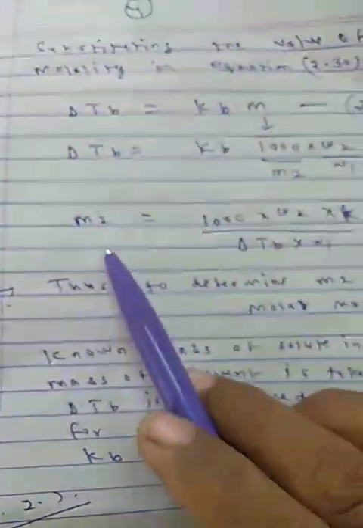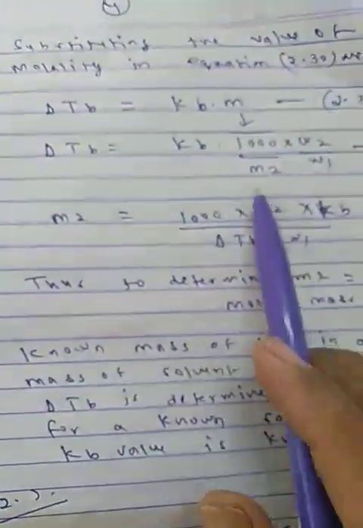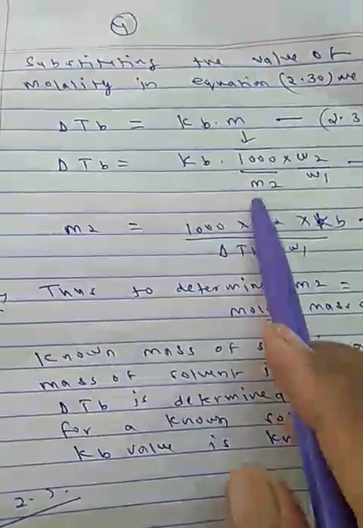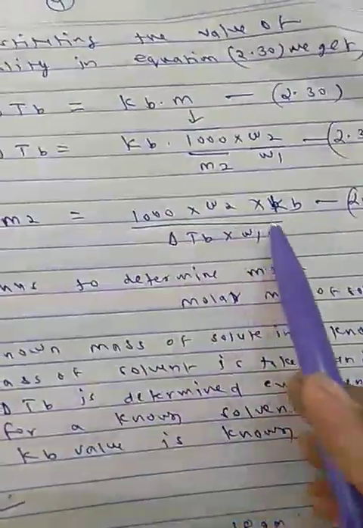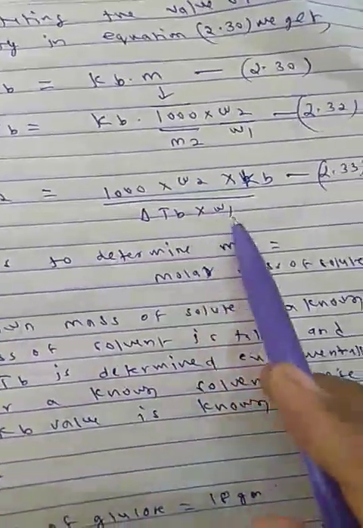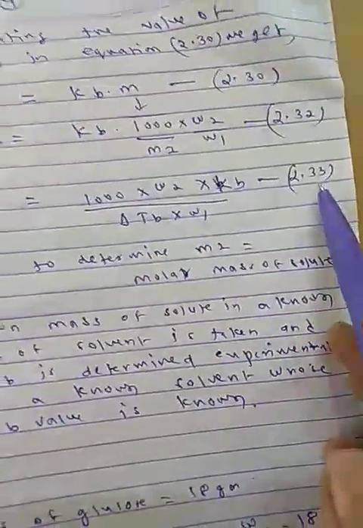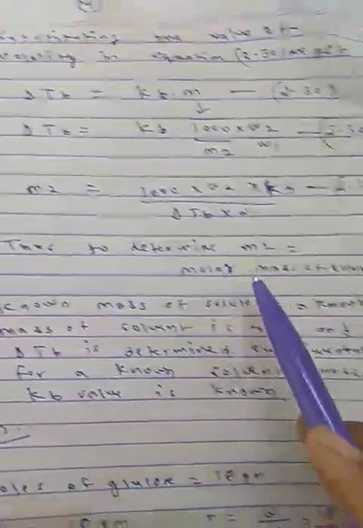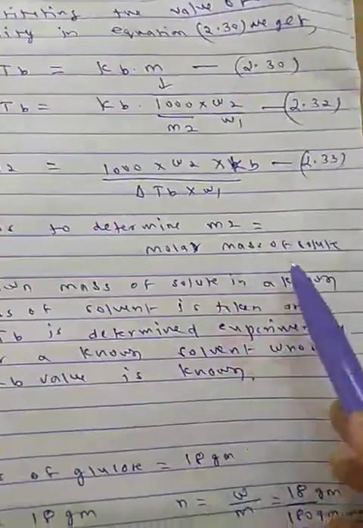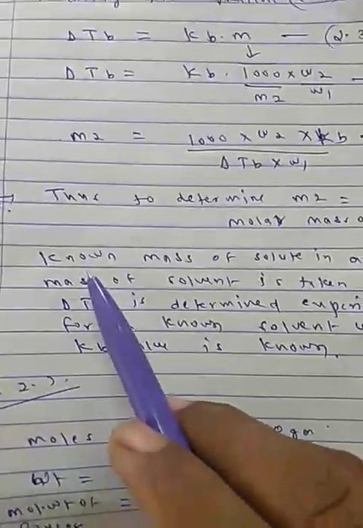This is the equation of delta Tb. If we have to find out M2, then M2 will come here and delta Tb will come down. Then M2 is 1000 into W2 into Kb divided by delta Tb into W1. This equation is 2.33.